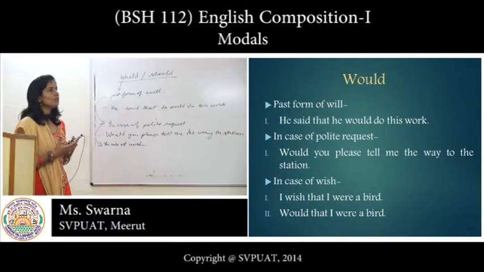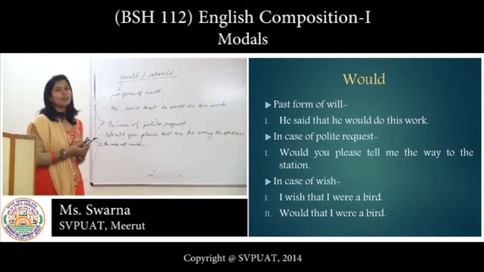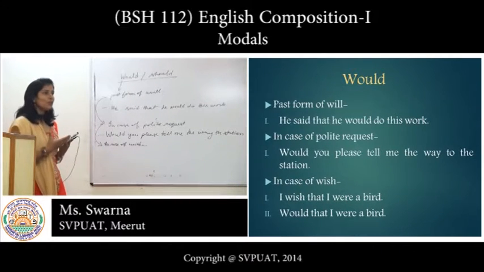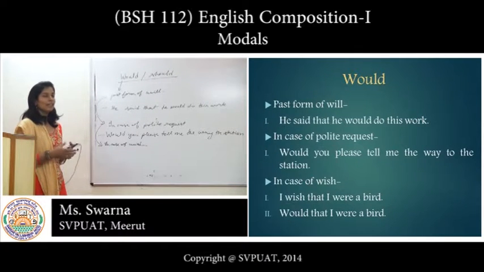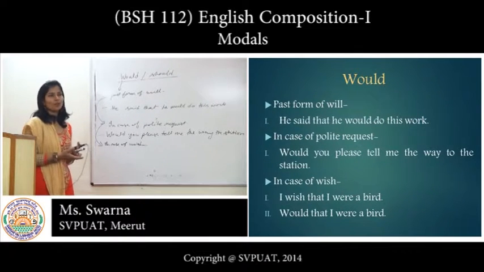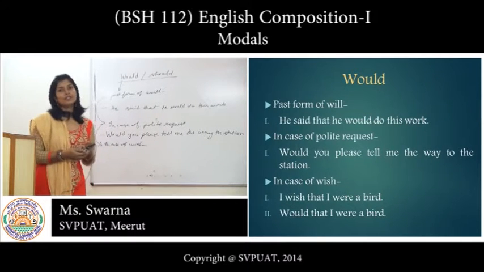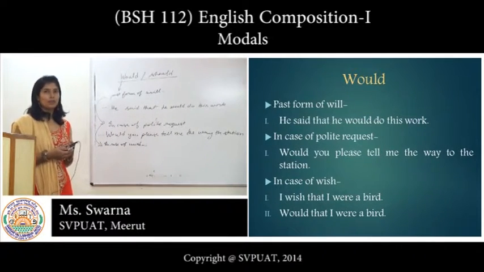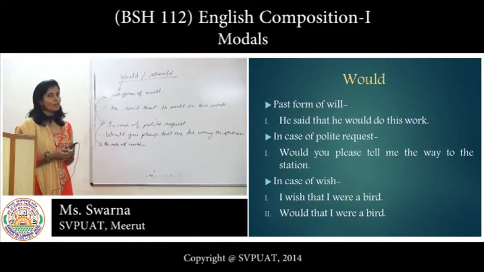You just imagine, that is impossible in real life, but you imagine and you wish. So in these cases we use would. Like if we generally wish or imagine, then you say that I wish that I were a bird. But you can use would that in place of I wish.